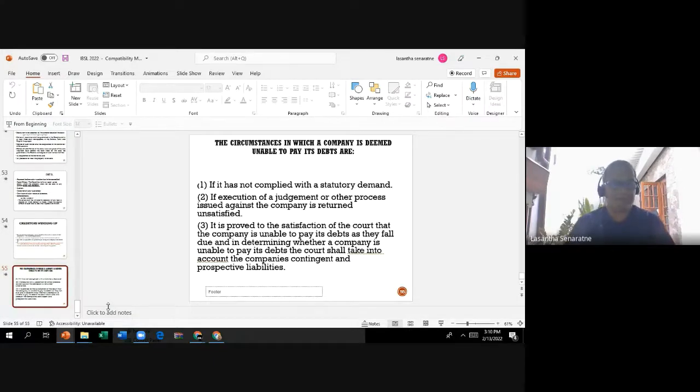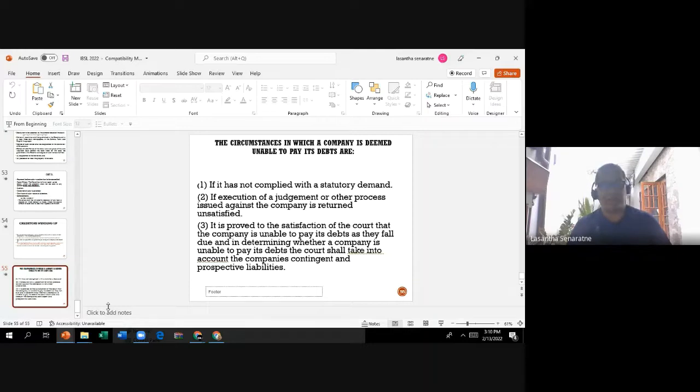Okay, circumstances in which a company is deemed unable to pay its debts are: if it has not complied with the statutory demand; if execution of judgment or other process issued against the company is returned unsatisfied; if it is proved to the satisfaction of the court that the company is unable to pay its debts as they fall due.